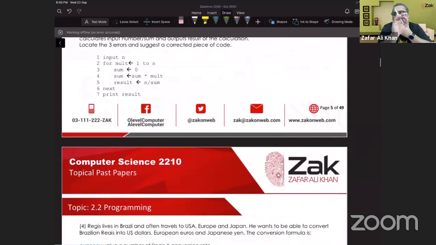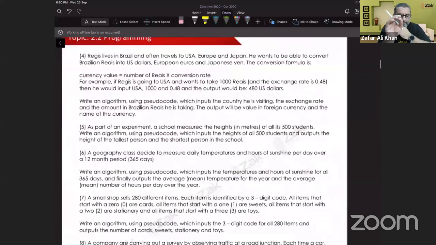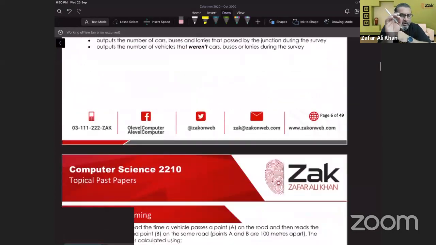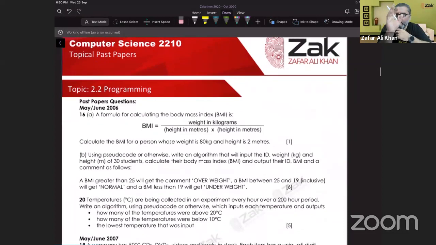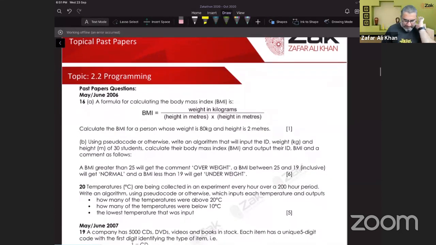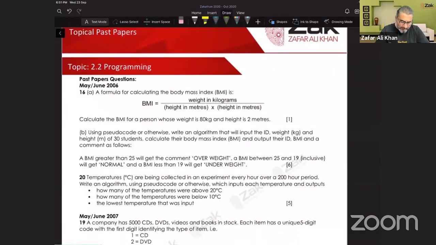The first thing that we have to do is to find out which question belongs to simple for next. So look at this question. It says a formula for calculating the body mass index is this.